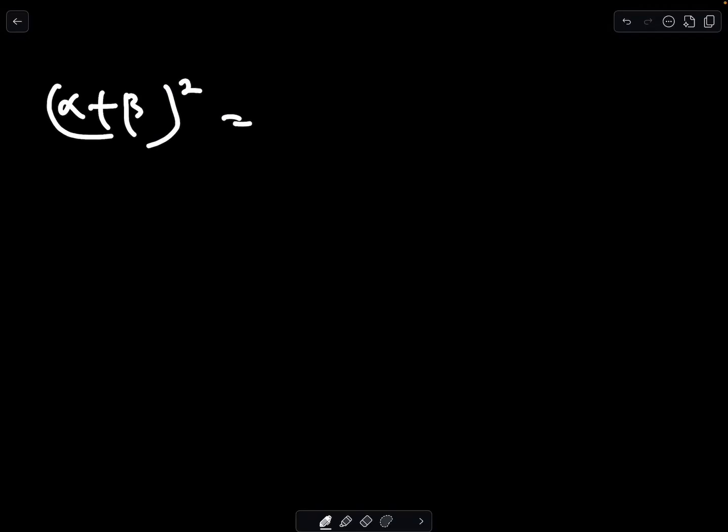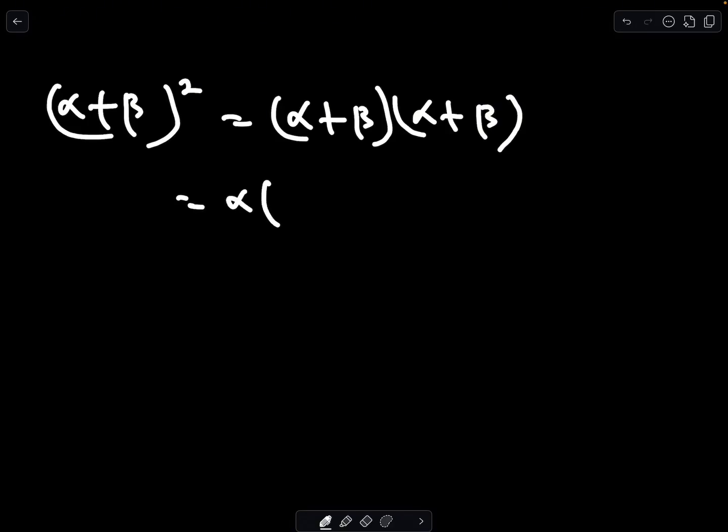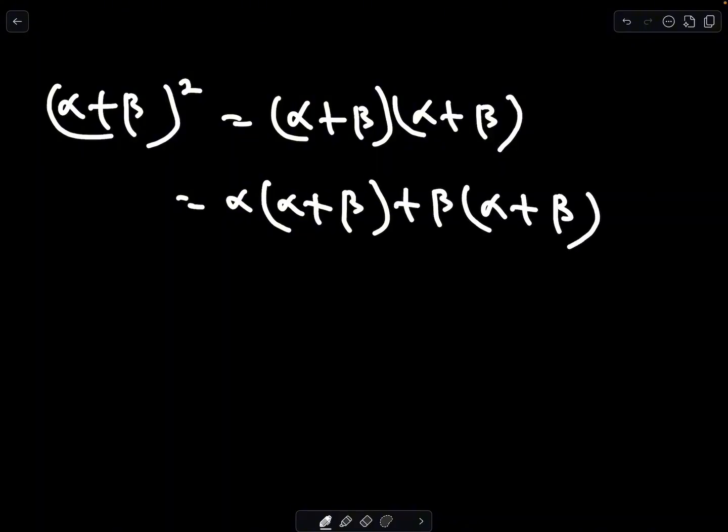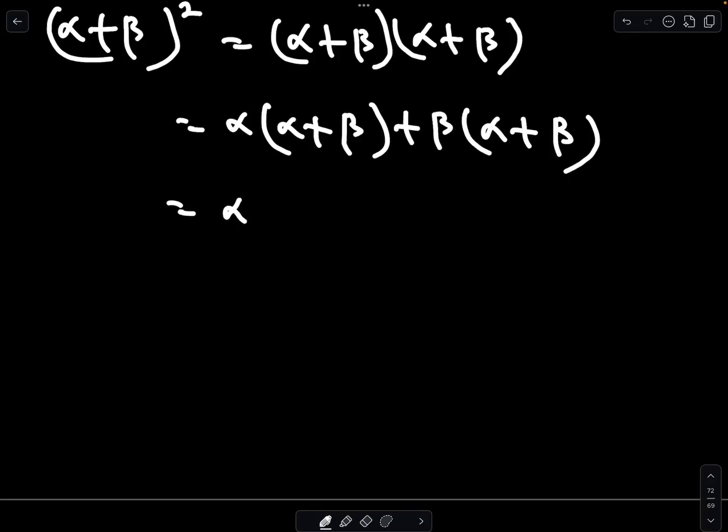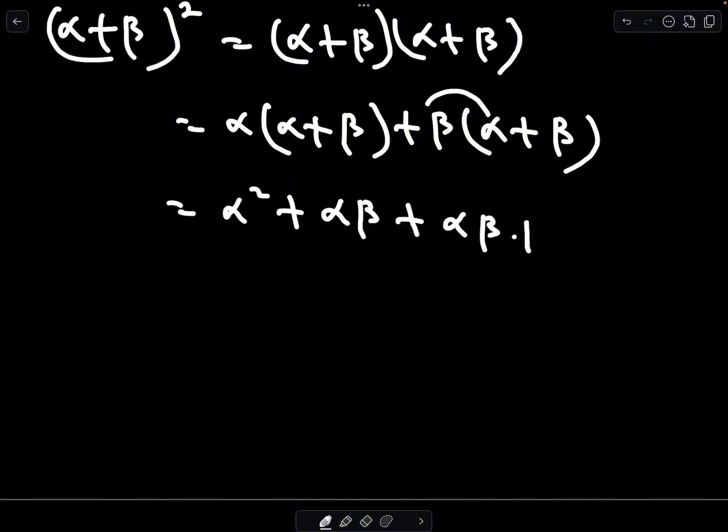The square of the sum of alpha and beta is the same as alpha plus beta times alpha plus beta. And that simply means alpha into bracket alpha plus beta, plus beta into bracket alpha plus beta. And this is the same as alpha square plus alpha beta, plus beta times alpha, which can be written as alpha beta, plus beta square.